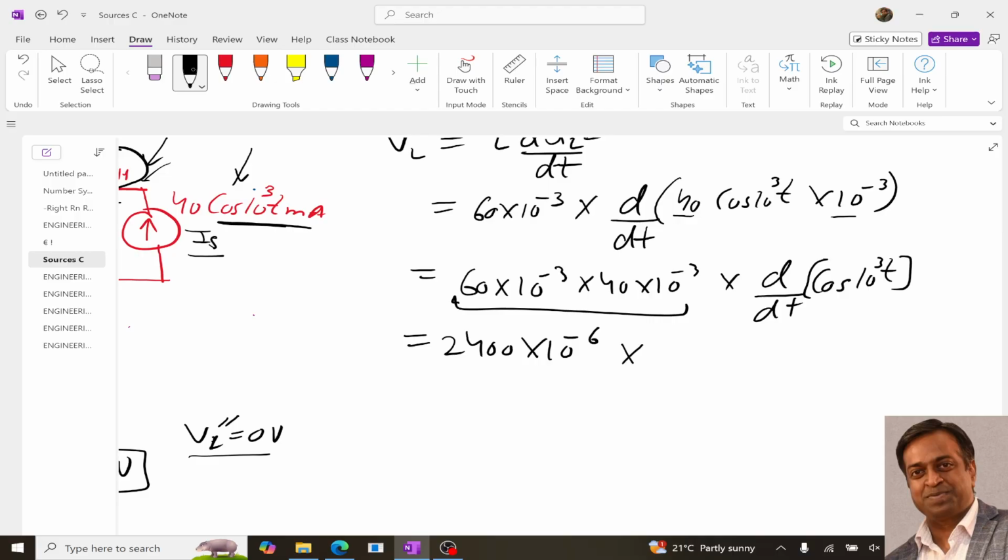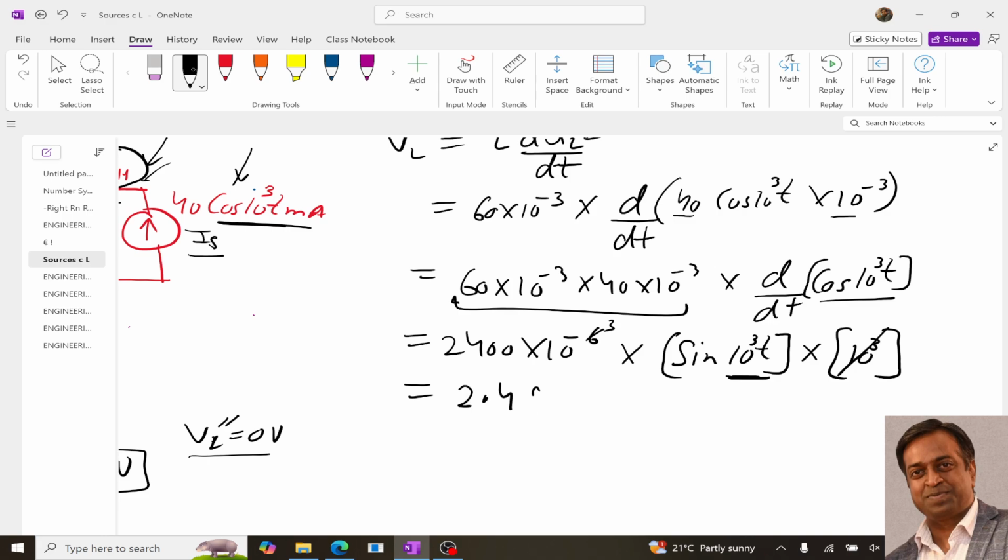Into differentiation of cos, it will be sine 10 power 3 t into differentiation of this term, which is 10 power 3. Now this 10 power 3 and this will cancel out, and we are left with 2.4 sine 10 power 3 t. So it is our VL 4 dash.